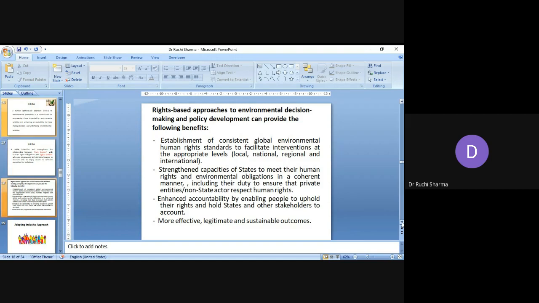So the rights-based approaches to environmental decision making and policy development can provide the following benefits, as they are listed on the slide, which you can see on the screen.